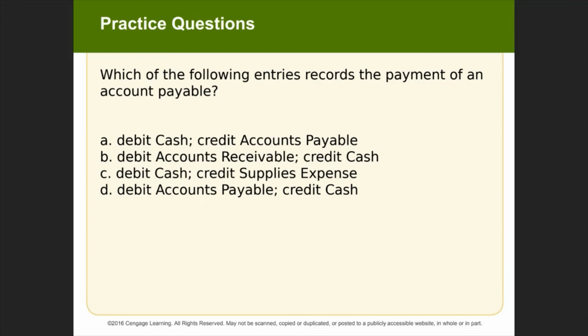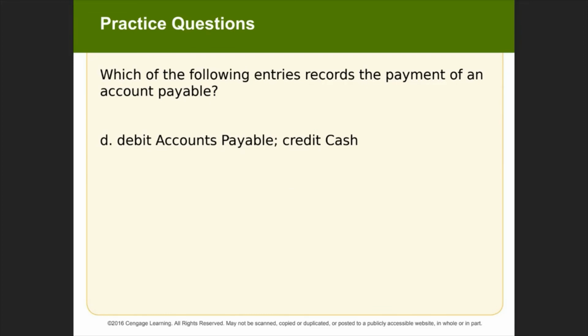We're decreasing the amount of cash that we have on hand. So debit accounts payable, credit cash.